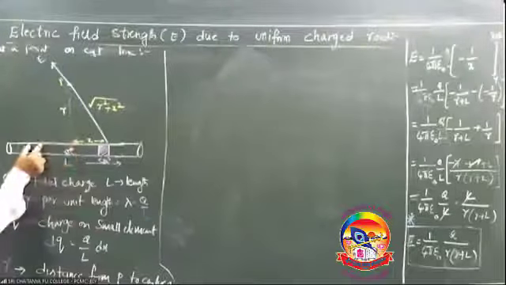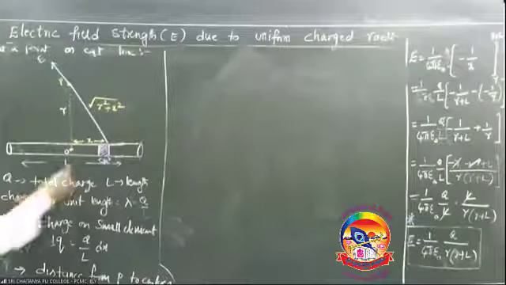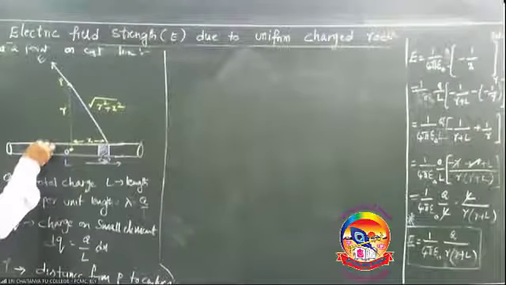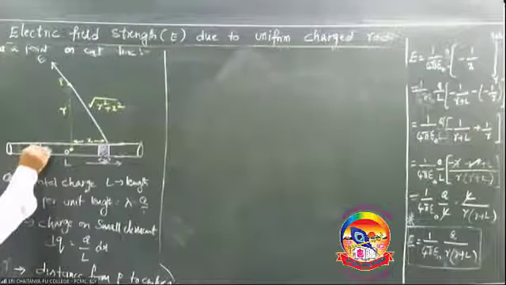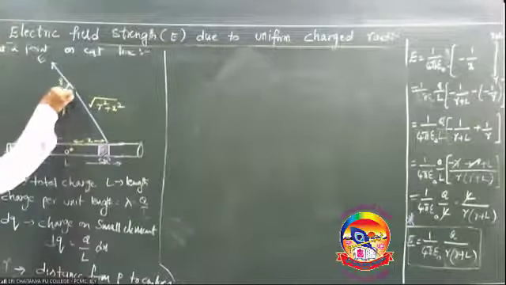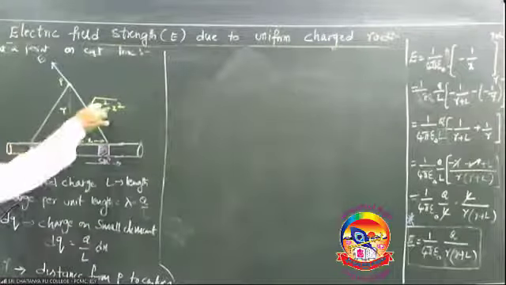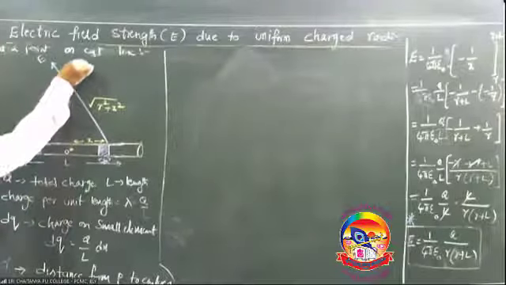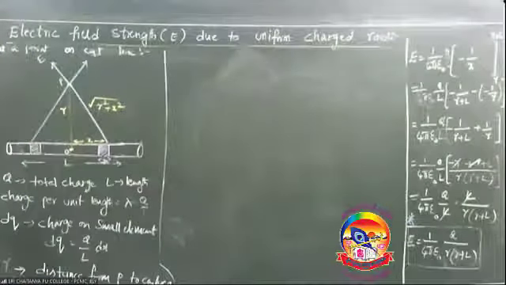In the same way, assume another symmetrical element on this side. By symmetrical element I mean the same type of element at the same distance on this side. Due to this element, the field is in this direction.